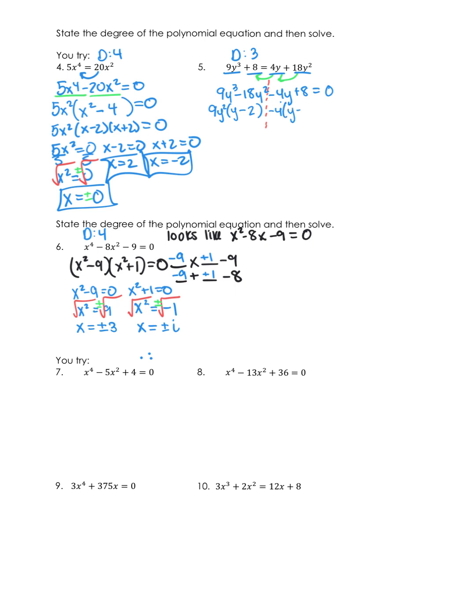And I'll have y minus 2, because 8 divided by negative 4 will be negative 2. So then my one that's the same will be one of my factors. And the other factor will be 9y squared minus 4 equals 0.